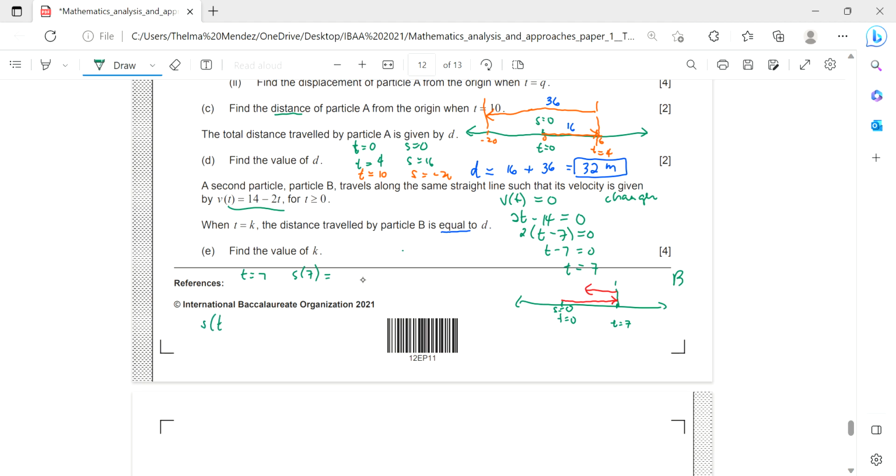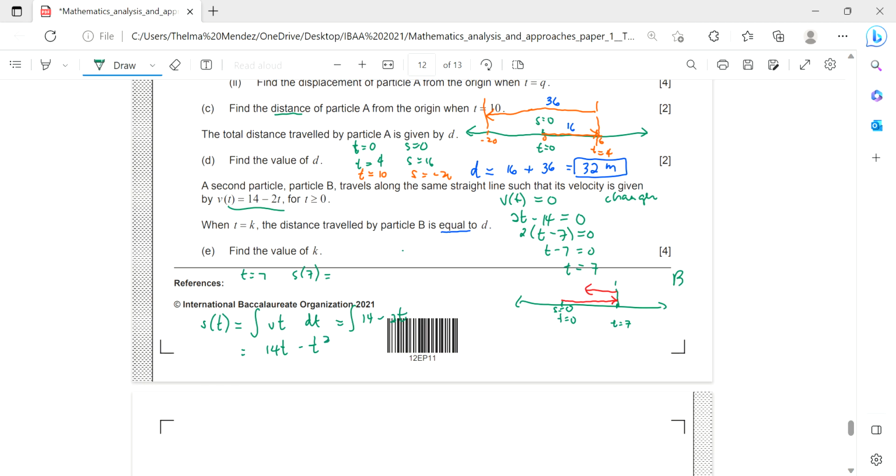So S of t equals the integral of v of t dt, or the integral of 14 minus 2t, which gives 14t minus t squared.